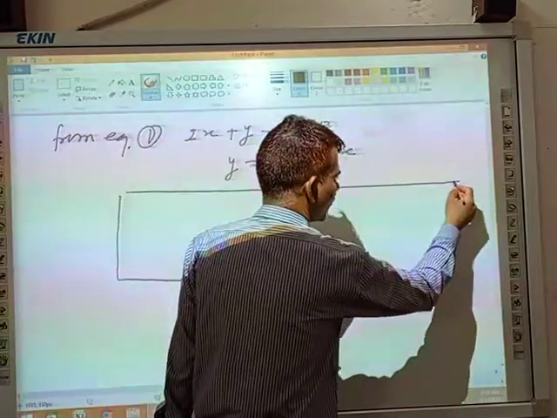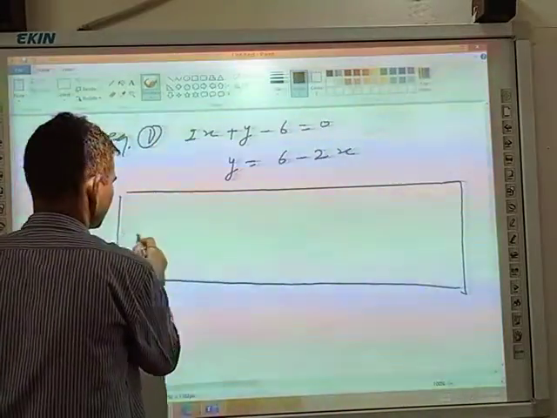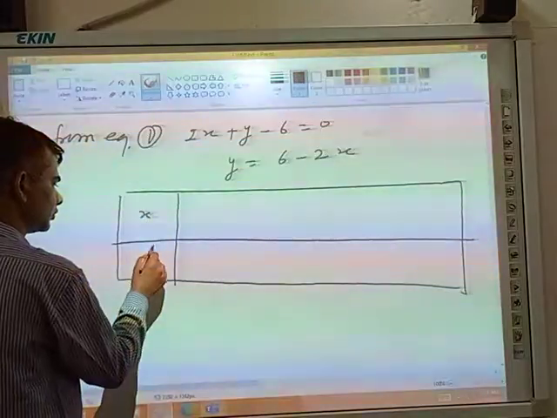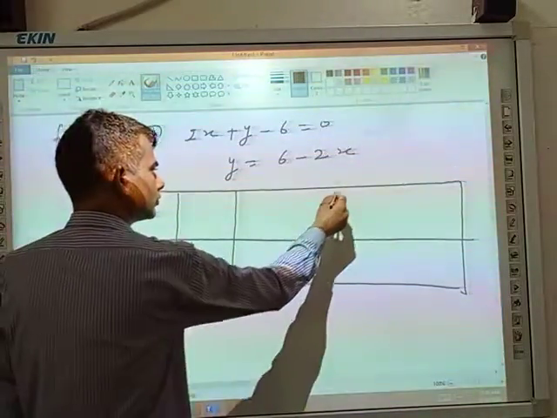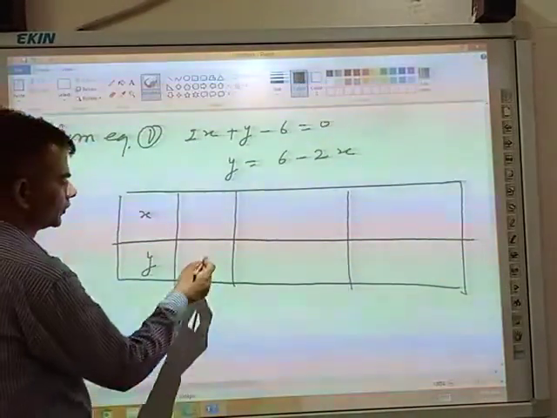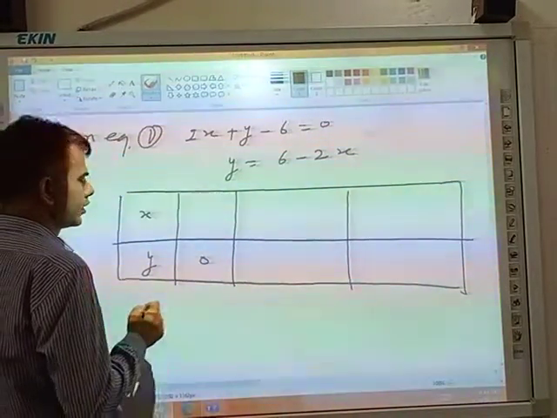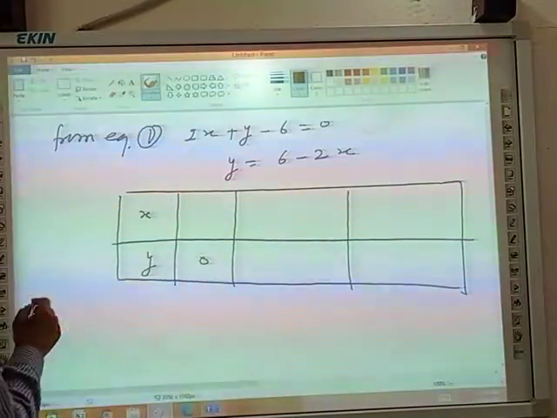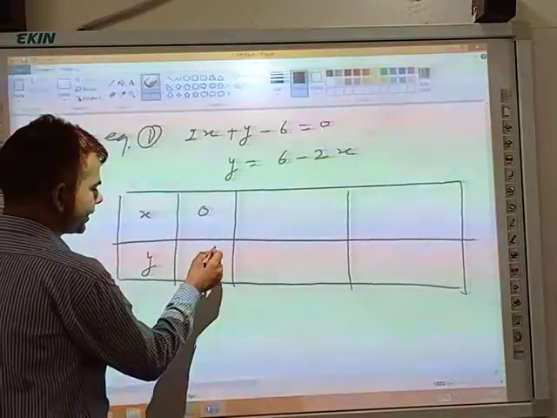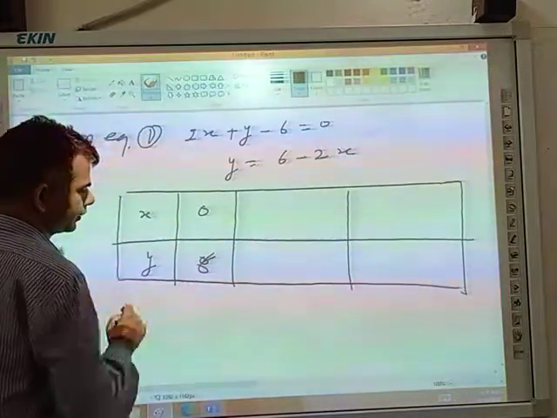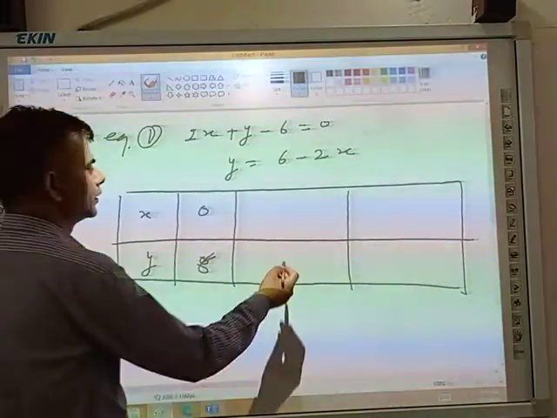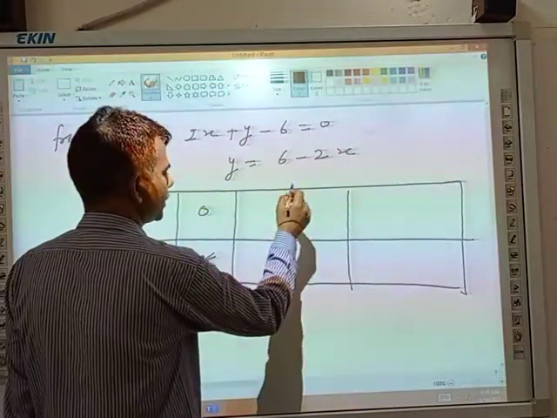Now students, draw the table. Replace x with 0, then y is 6.